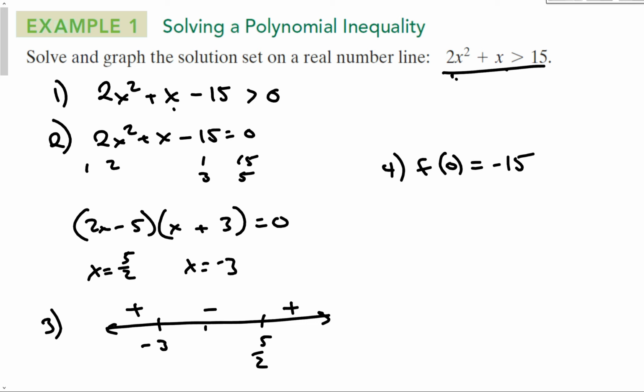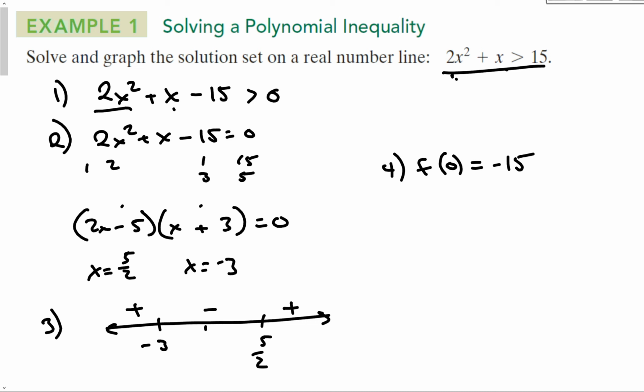I could have also realized that this is a parabola that opens up, which means the two ends go up because it is even and this exponent is even, the number in front is positive, which means my two ends have to go up. These two zeros happen one time, which means that the graph goes through the boundary point and doesn't repeat. And so I have my nice little sign chart.